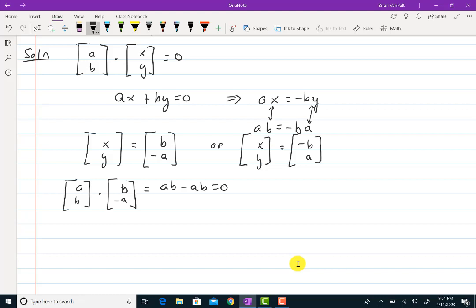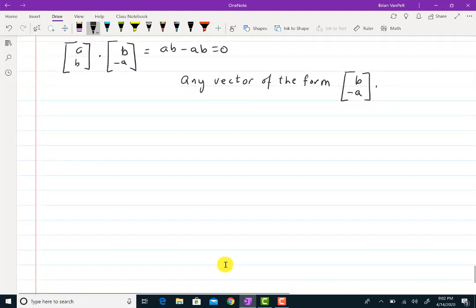So the set of all vectors of this form here are the ones that will work. So I guess we could say that any vector of this form would be the solution to that particular problem there.